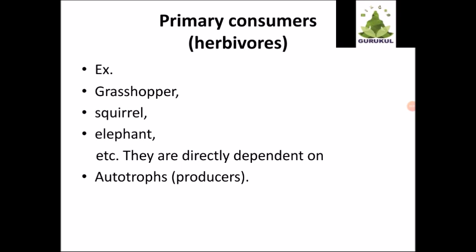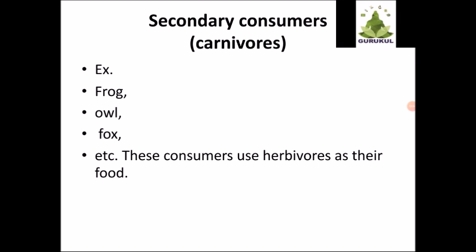Now after producers we have the primary consumers. All the herbivorous animals are the primary consumers. Examples are grasshopper, squirrel, elephant. They are directly dependent on the producers, the autotrophs. Hence these are the primary consumers.